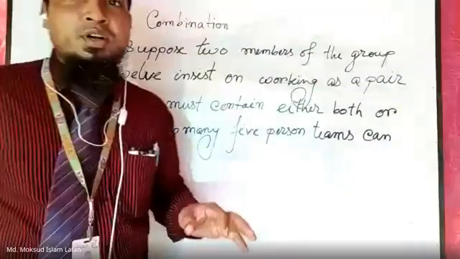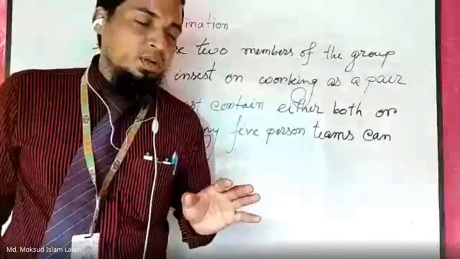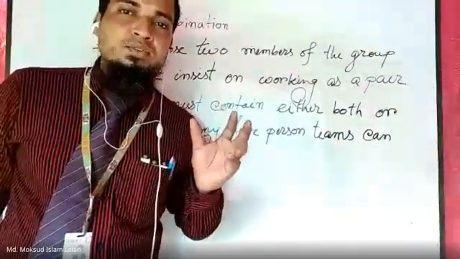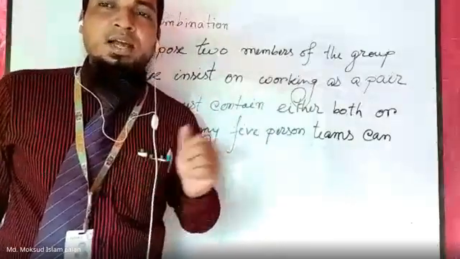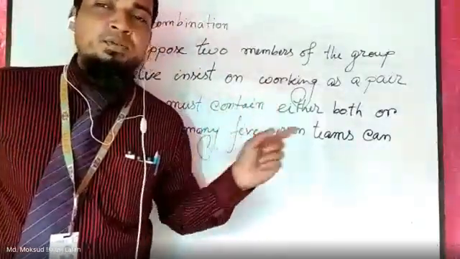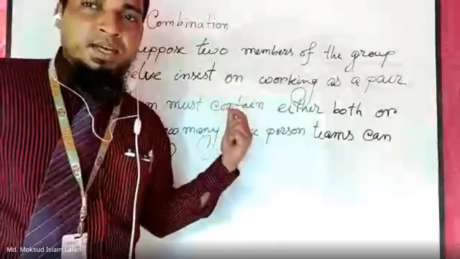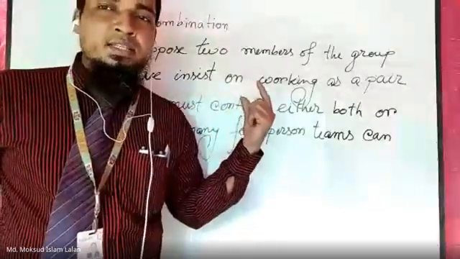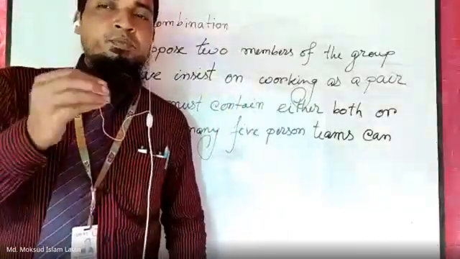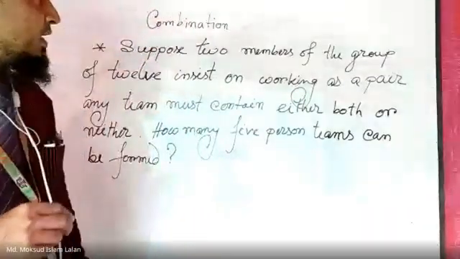We have already solved this: there are 12 people, and we have to select only 5 people. How many teams can we form? We have already shown that in the first example. In the second example, we have imposed another condition.